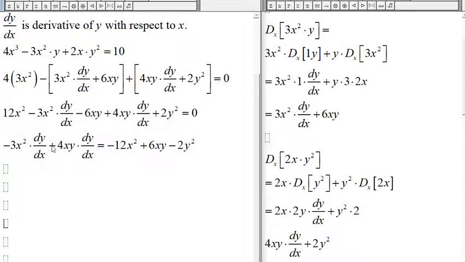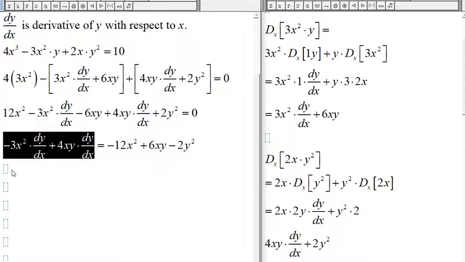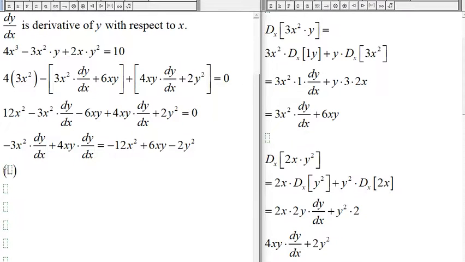The common factor here is dy dx, so we'll factor out the dy dx, and then equal to all of this.